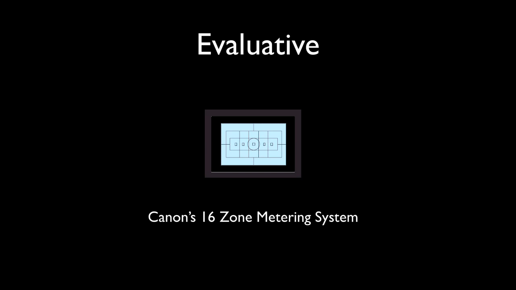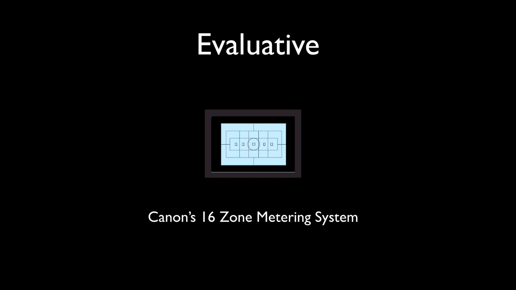And that's where the autofocus system comes into play. And now with today's advanced camera autofocus systems, they have different levels of ability to pinpoint different areas within the frame so that they can focus on different portions of the frame, and then that would feed into the metering process.